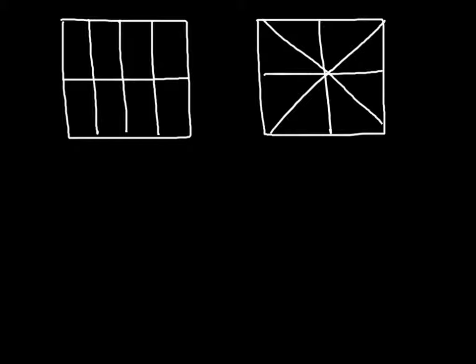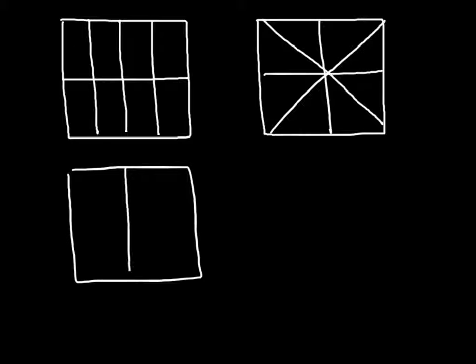You could also do that same thing, but cut diagonally like you did the circle pizza. And you want to try to make that as close as possible to the same size. You can also cut these horizontally this way and get the same thing.